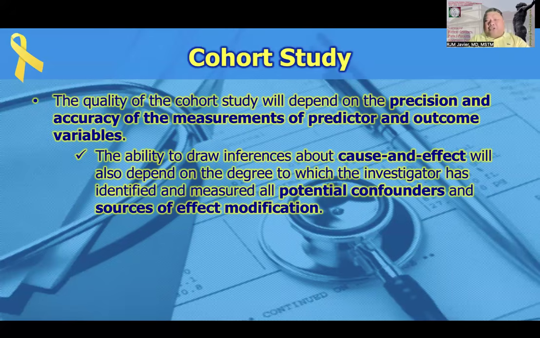Cohort studies are also subject to a lot of pitfalls, including potential confounding variables and sources of effect modification. Again, these research method concepts will be further discussed in future lectures on bias and confounders when you go to sophomore year.